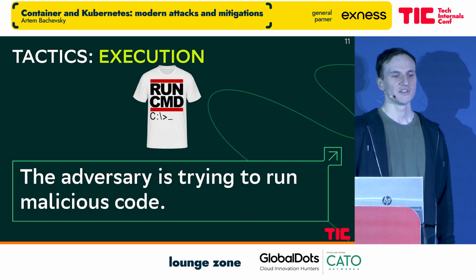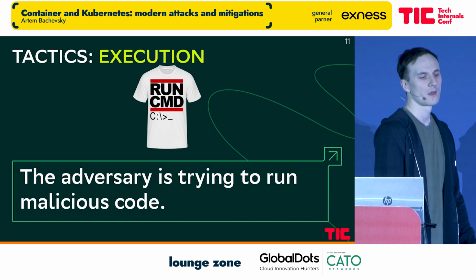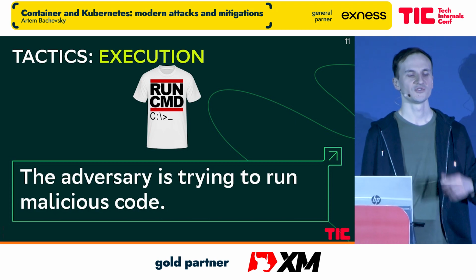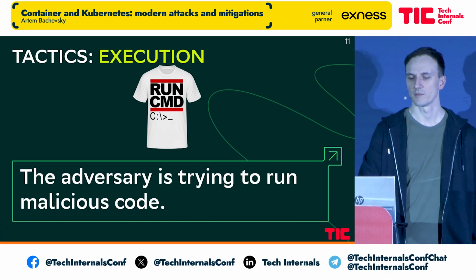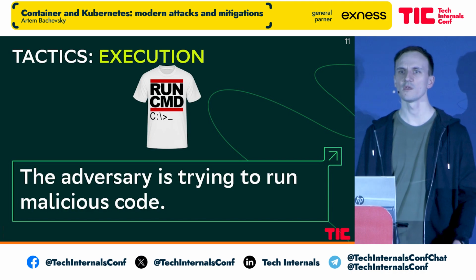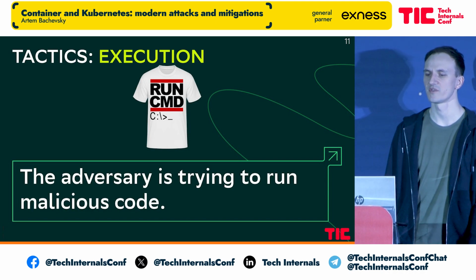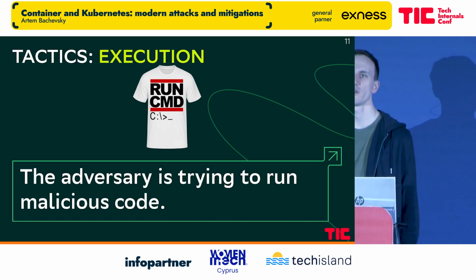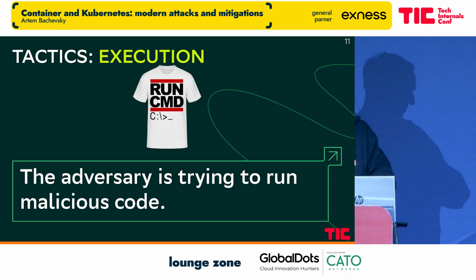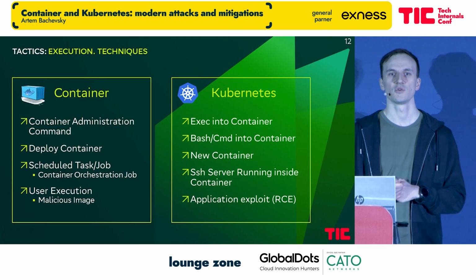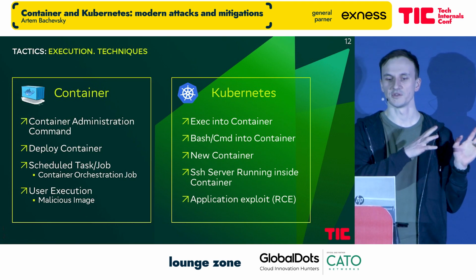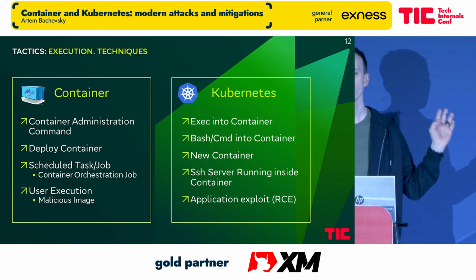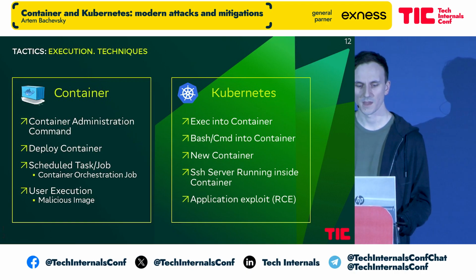The second tactic is execution. If the adversary is on our network, now he's trying to execute some malicious code. The easiest way to do it is to use something like pod exec in a container, or just deploy a new container and run malicious code in it. Or it could be not a container, something like a web app in Kubernetes.